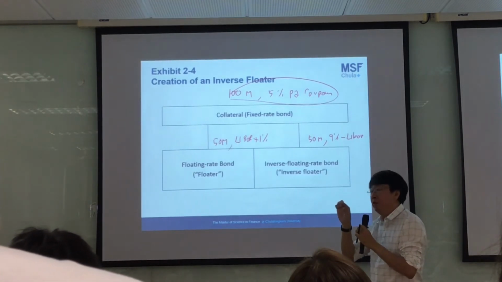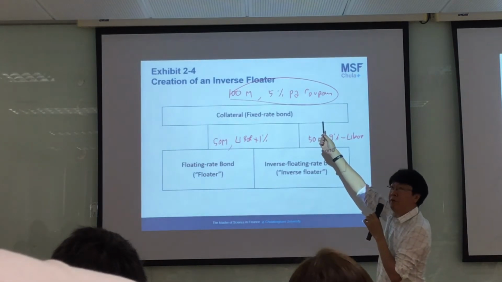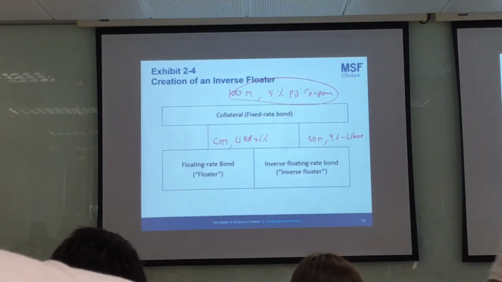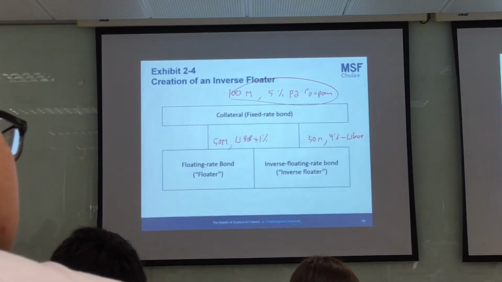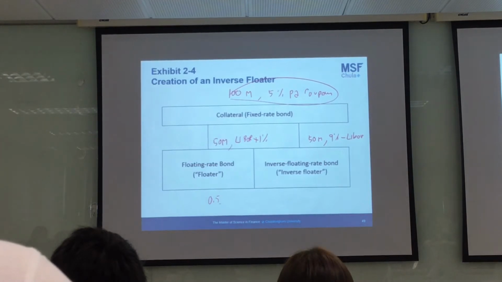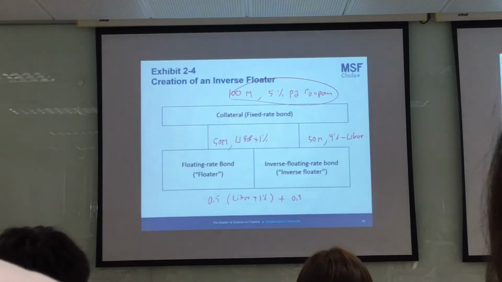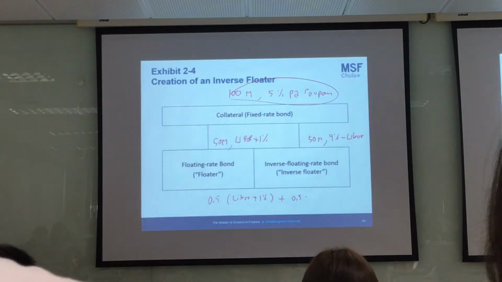Now look at the coupon that you have to pay for each period. You receive a 5% coupon from the fixed rate bond, and then you have to pay 50 million over 100 million, which is 0.5, multiplied by the rate, LIBOR plus 1%, plus 0.5 times the inverse floater, 9% minus LIBOR.